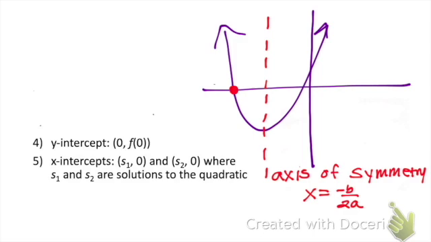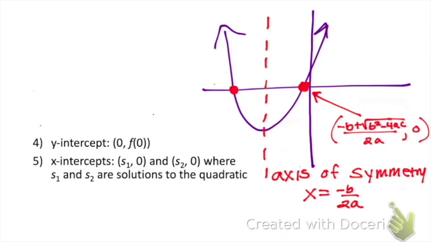My solutions are the x-intercepts, which that right one would be of the form negative b plus the square root of b squared minus 4ac, all over 2a, comma 0. The left side would be the negative version, so negative b minus the square root of b squared minus 4ac, all over 2a, comma 0.